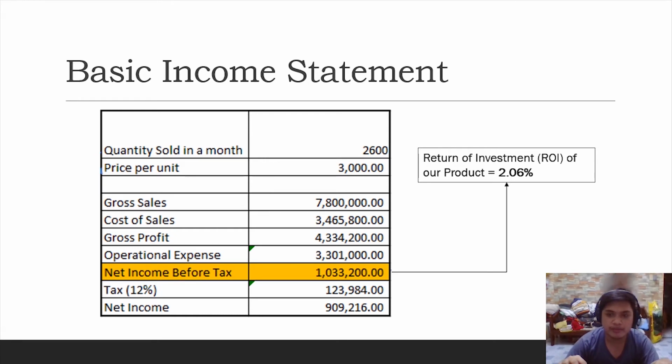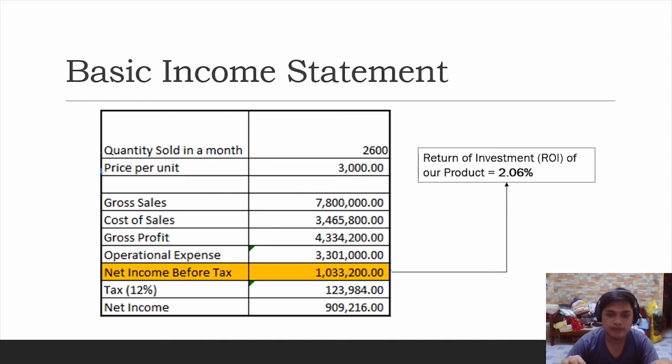Return on investment is solved by dividing the net income before tax by the total amount of machines used by the company.